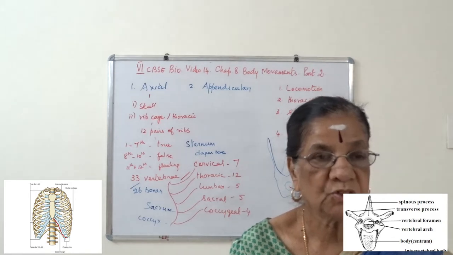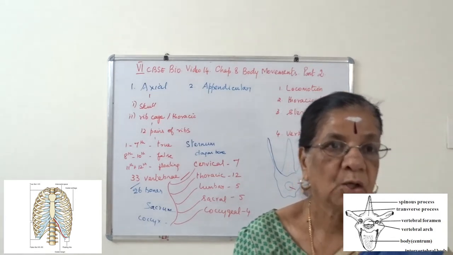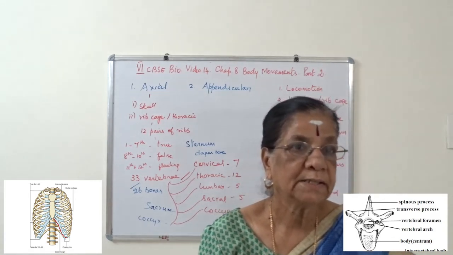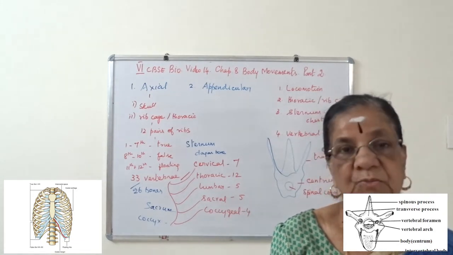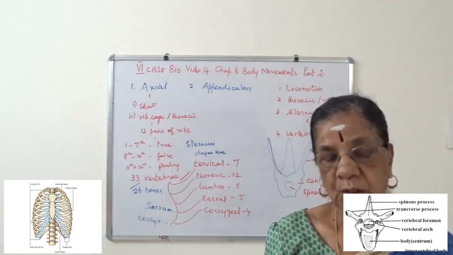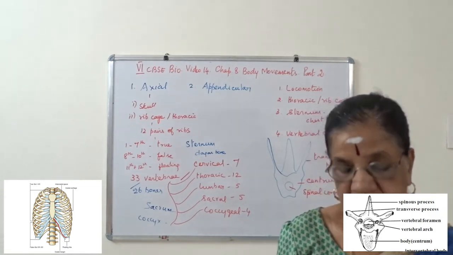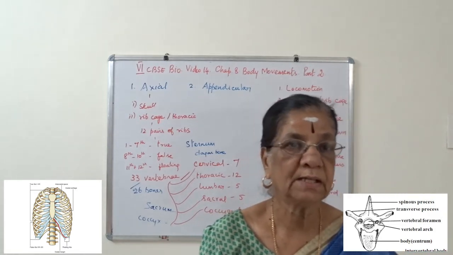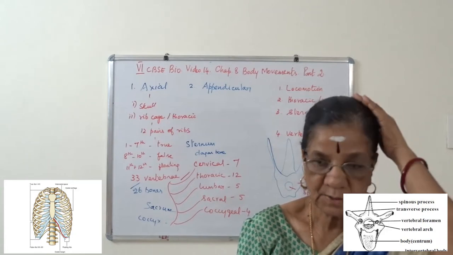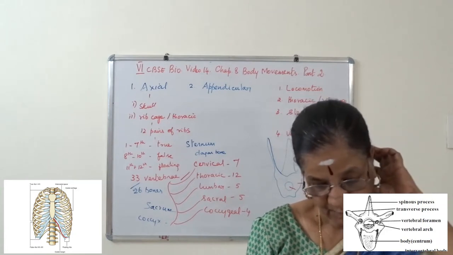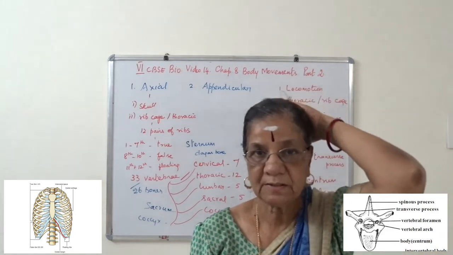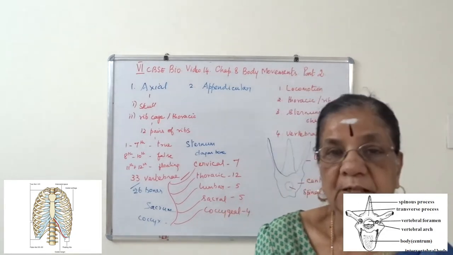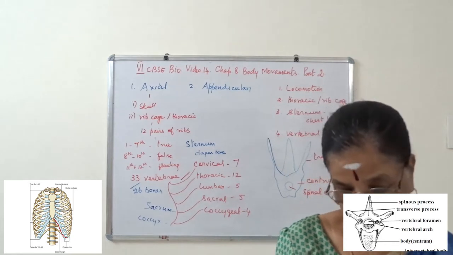The vertebral column is made up of many small vertebrae, 33 of them, that are placed one above the other.